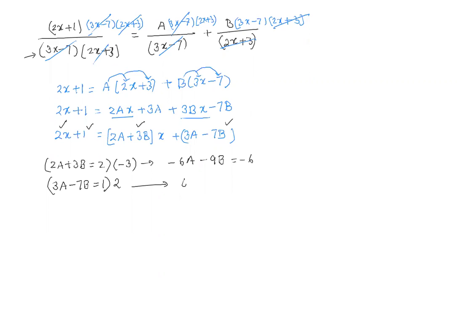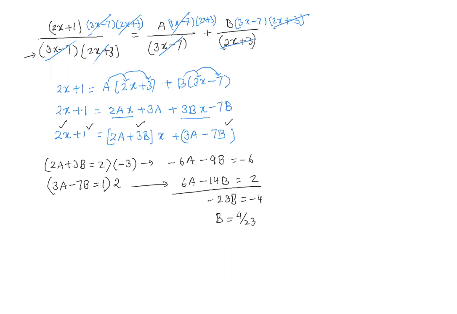Then 6A minus 14B is equal to 2. Then I can add these two to get -23B is equal to -4, or B is equal to 4 over 23.